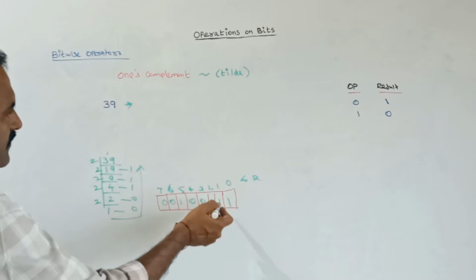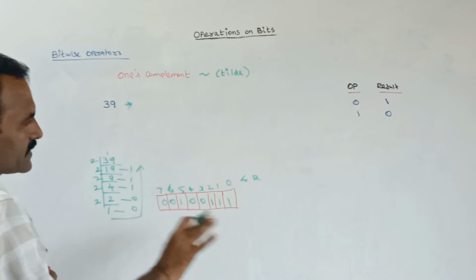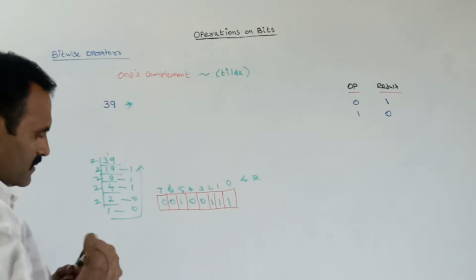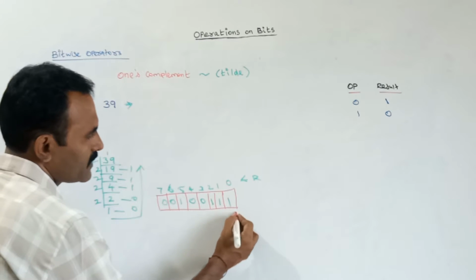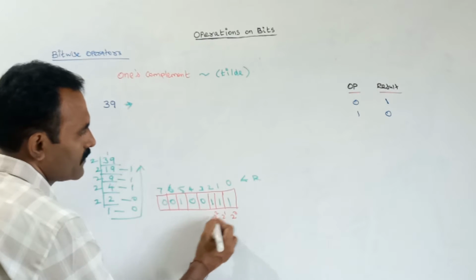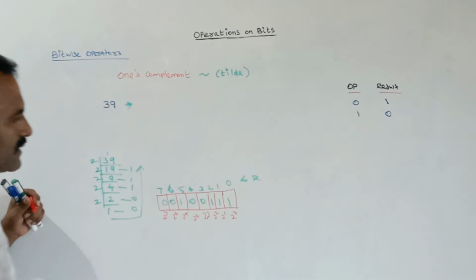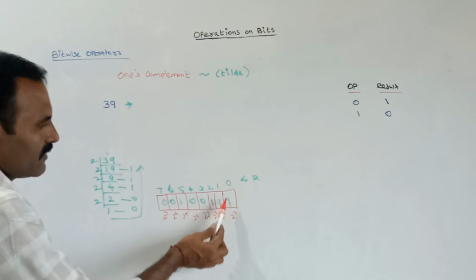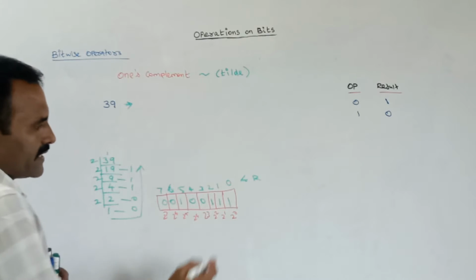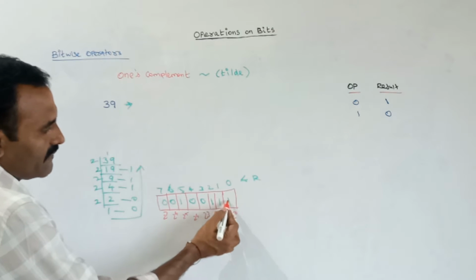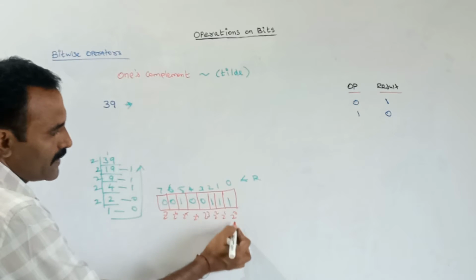If you convert this into decimal, then we will get the number 39. Check this here: we can convert the digits like this: 2 to the power 0, 2 to the power 1, 2 to the power 2, etc. up to 2 to the power 7. You take the positions of the ones and add the values. Here 2 to the power 0 is 1, so 1 into the bit value 1 is 1.